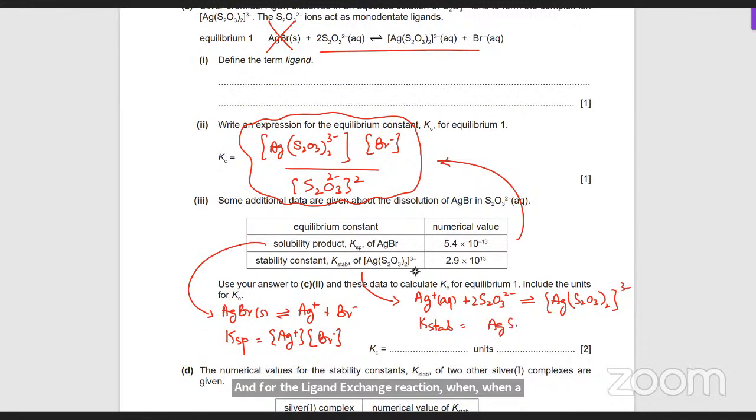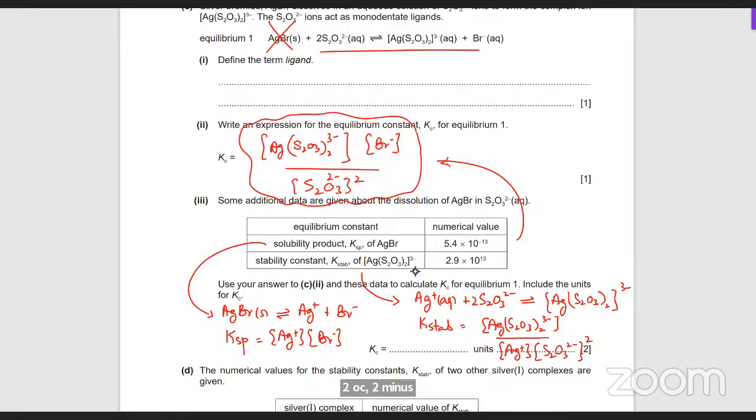So AgS2O3 square and 3 minus concentration divided by the reactant, which is Ag plus 1 aqueous, its concentration, and S2O3 2 minus squared. So we've got these two expressions. A KSP expression and a K-stab expression.